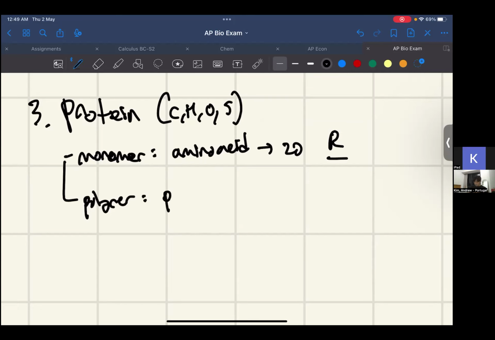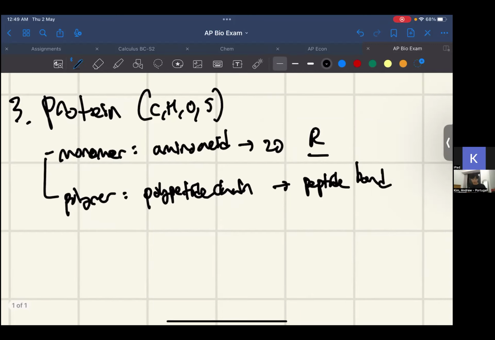Well, that is called a polypeptide, a chain of amino acids, okay? And a polypeptide chain is made out of peptide bonds. So polymers are made out of polypeptide chains, which are made out of peptide bonds.